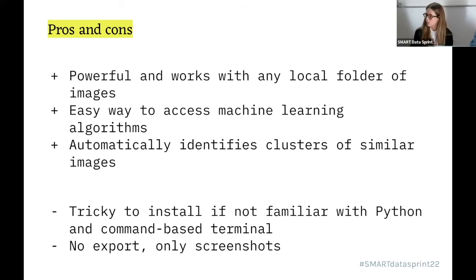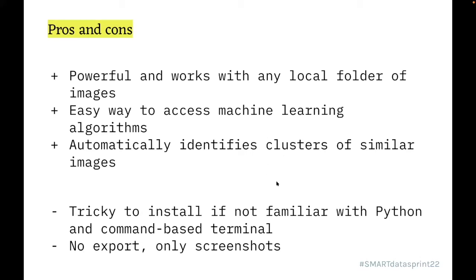Yes, we have a question, I think. Yeah, it's basically to ask how does it cluster similar images? How does it do the content comparison? Yeah, it uses Google's TensorFlow to find clusters of similar images. Sorry, could you repeat that?